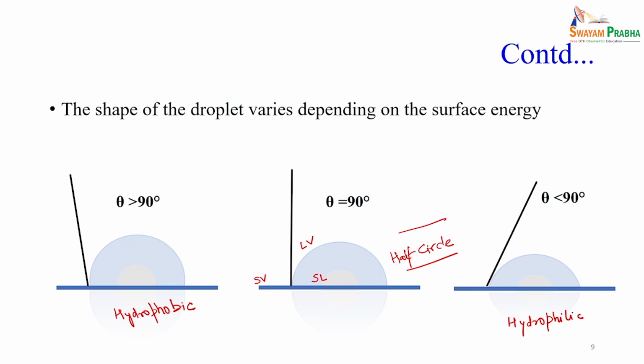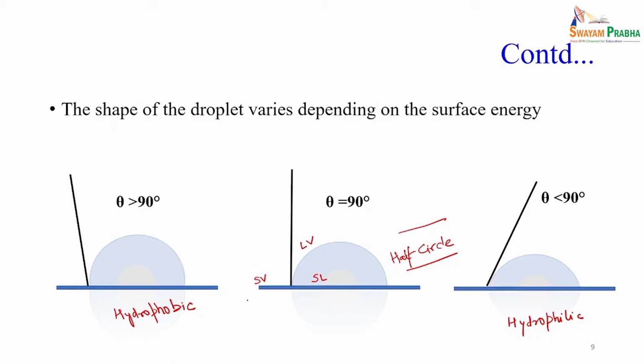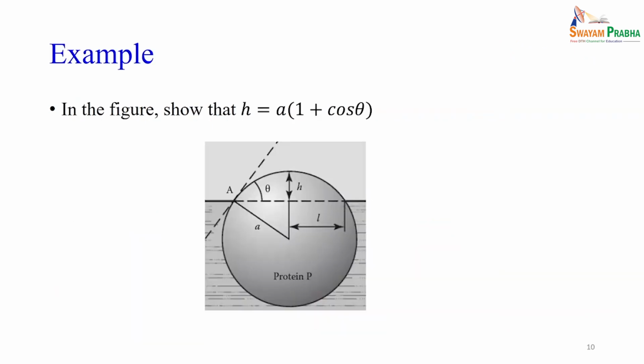If you put a drop of the liquid, wait for the equilibrium, capture the image and analyze the contact angle. And once the contact angle is known, now we can recalculate the values of the solid liquid or the solid vapor interfacial tensions. So, this was the tangent method.